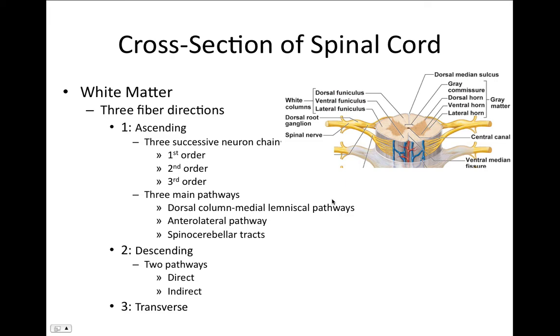Then we also have the spinocerebellar tracts, and that would be information relating from things like the reflex and Golgi body in the muscles to relate to the cerebellum to alter how your body posture is maintained. And then we also have descending pathways.